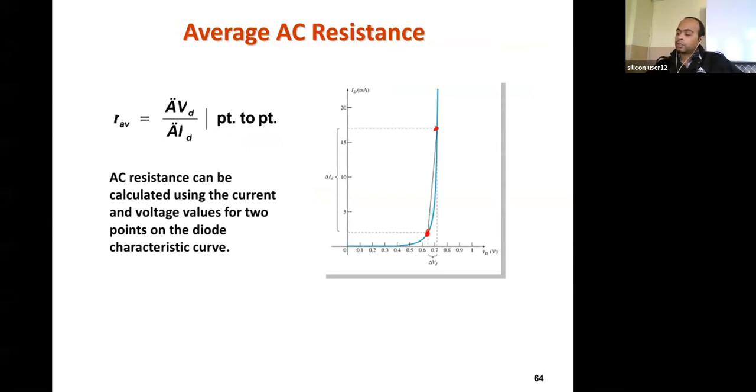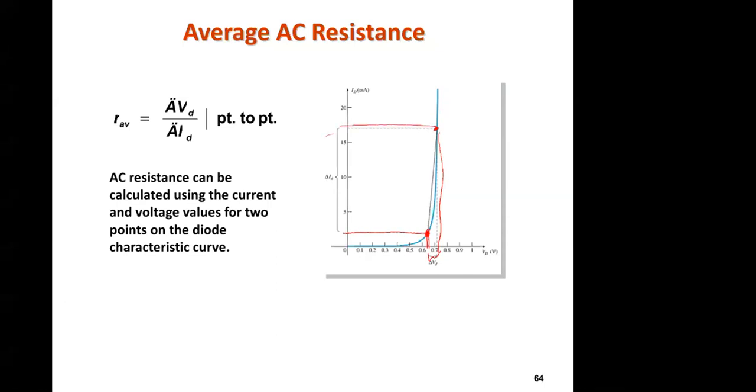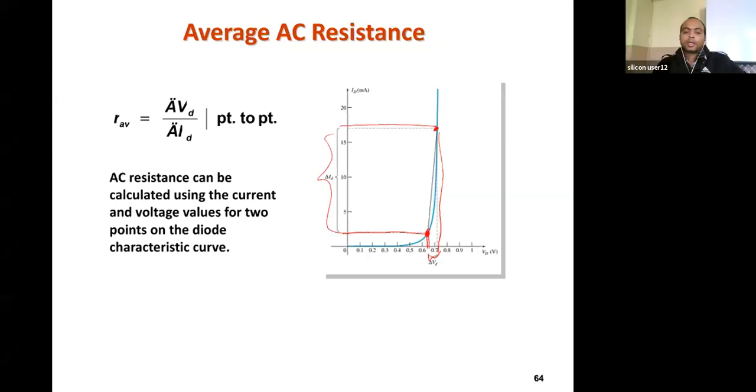If you have 2 points, put 2 verticals, one from here and one from here. The gap is your delta VD. Similarly, put 2 horizontal lines here and here, and the gap between them is delta ID. Now you have delta VD and delta ID, so you can easily calculate the RAV, or average AC resistance.